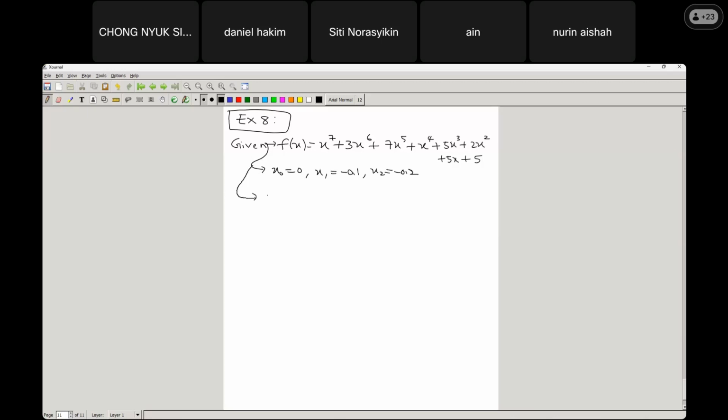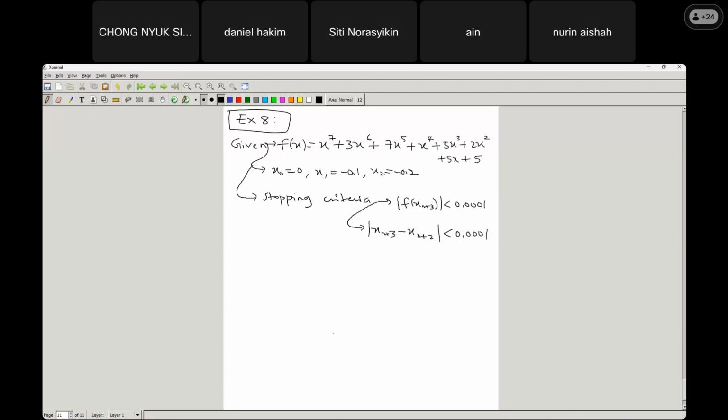Next, you have the stopping criteria. One is the absolute of f(x_{n+3}) should be less than 0.0001, and another stopping criteria is the absolute of x_{n+3} minus x_{n+2} should be less than 0.001.